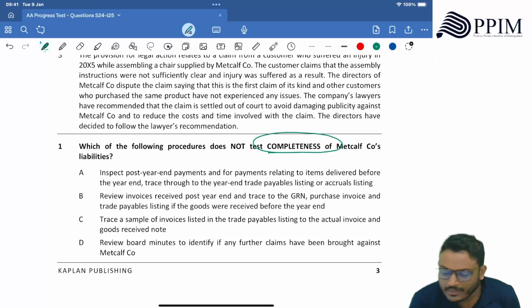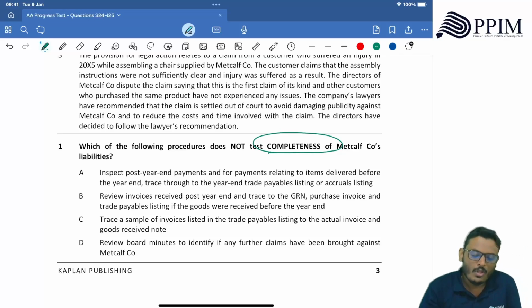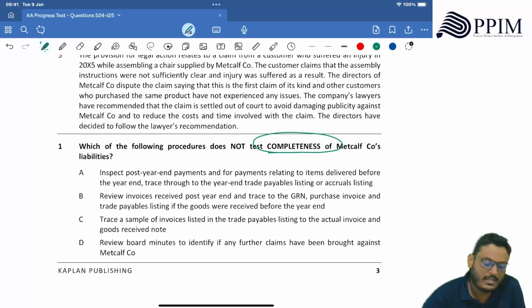So if you look at here, inspect post year end payments. Post year end payments means after the year end, the payment. That is what we call post year end payment. Inspect post year end payments for payments relating to items delivered before the year end. Trace through the year end trade payable listing and accrual listing.